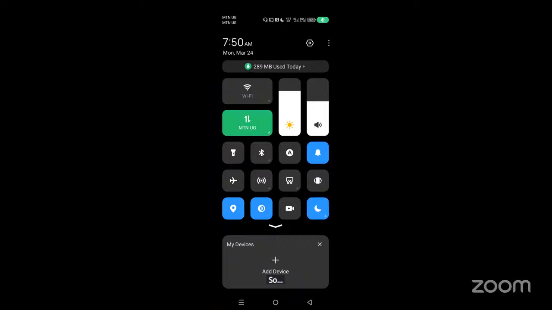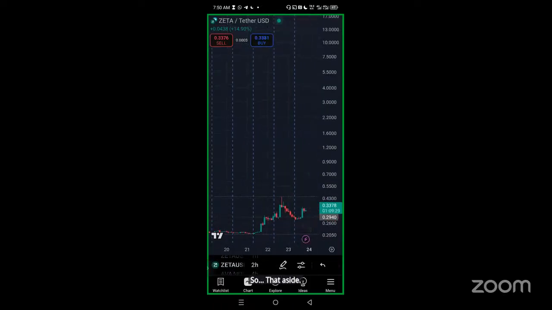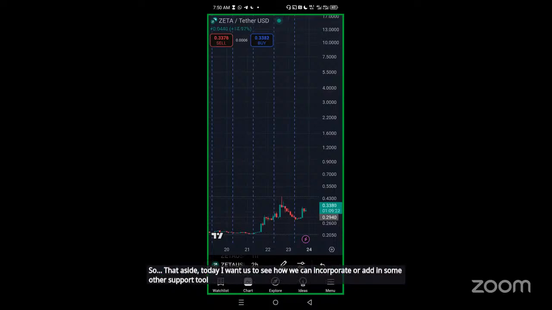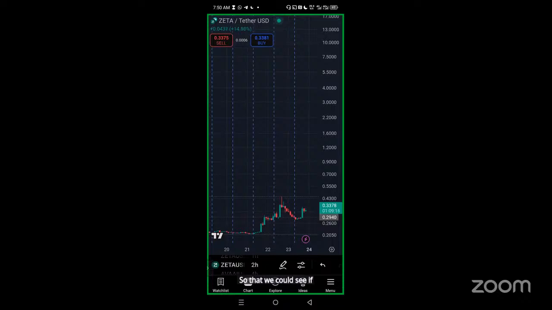That aside, today I want us to see how we can incorporate some other support tool onto the trend line so that we could see if it could help improve the quality of our trades.